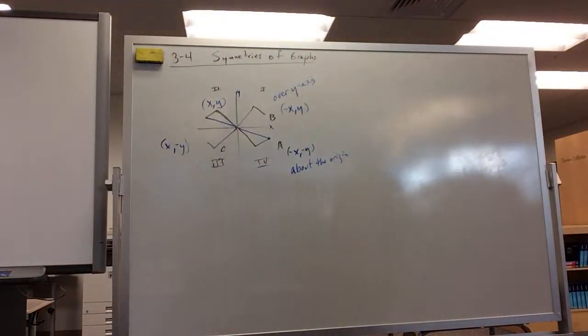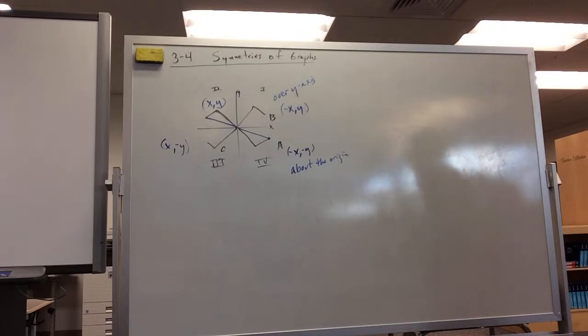So why wouldn't we label that in quadrant 2 as negative X, Y, and then in quadrant 1, X, Y? You can do that too. So it really is just based on your point of reference.